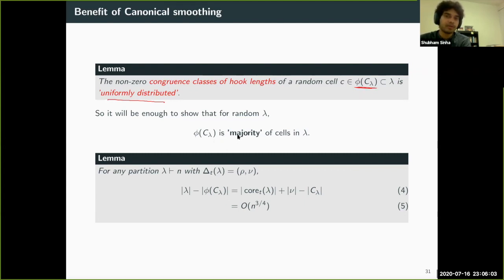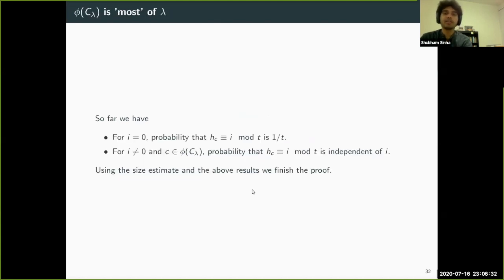For the proof of our main theorem, we just have to show that this image of the canonical smoothing consists of the majority of cells of lambda. That's our next lemma, which tells us that the difference between lambda and this image of the canonical smoothing is of order n to the power 3 over 4, which is less than order n. Hence, asymptotically, this won't matter, and this jumbles up everything.